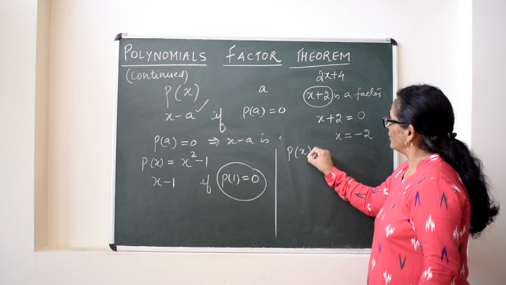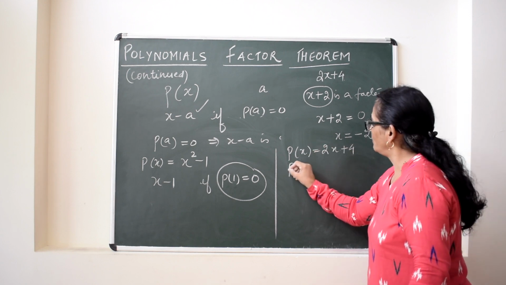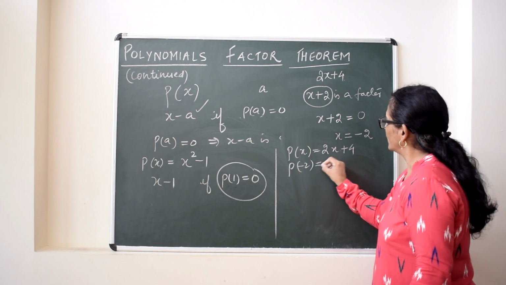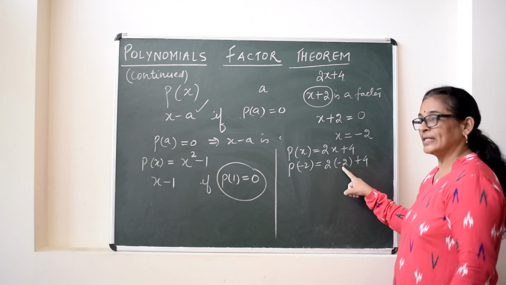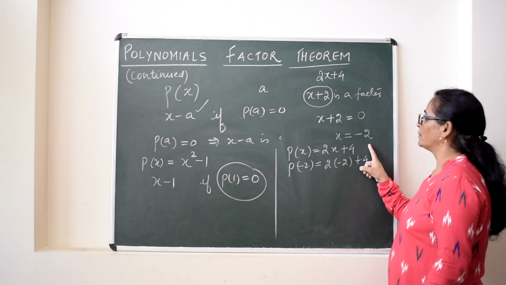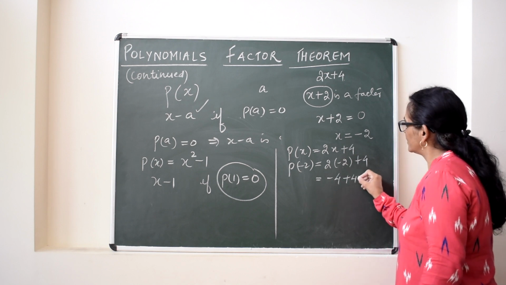So p of x is 2x plus 4 and p of minus 2 will be this, because in place of x we have substituted minus 2. So this is 0.